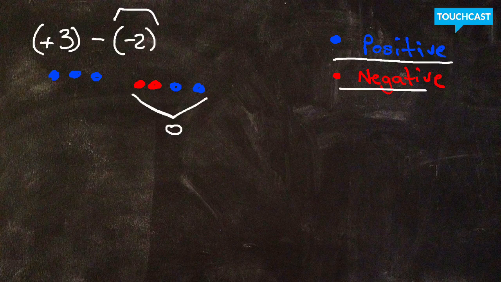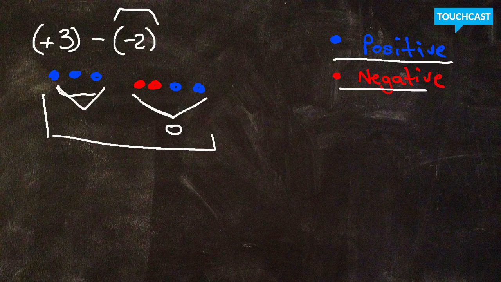So I've got 3 over here, I've got 0 over here, so the whole picture is worth 3.